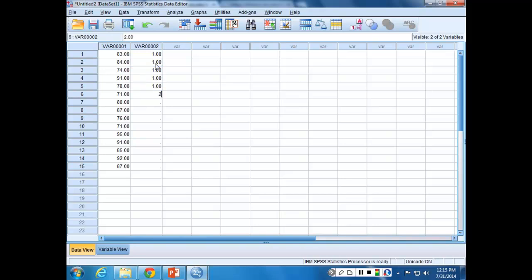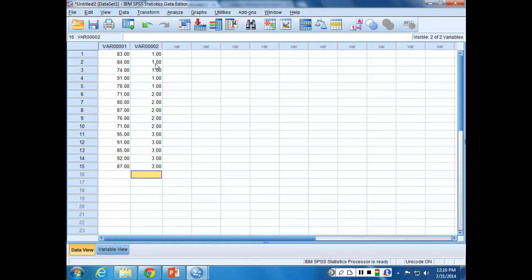Of course, if you had a bunch of these, you'd want to use copy and paste, but there aren't that many here. I have two variables in here. The variables are productivity, and the other variable is what kind of incentive plan? A, B, or C.